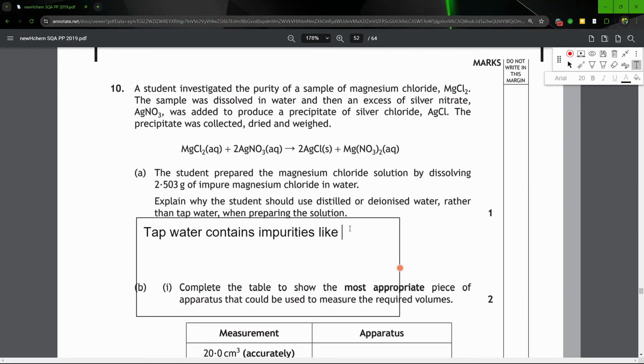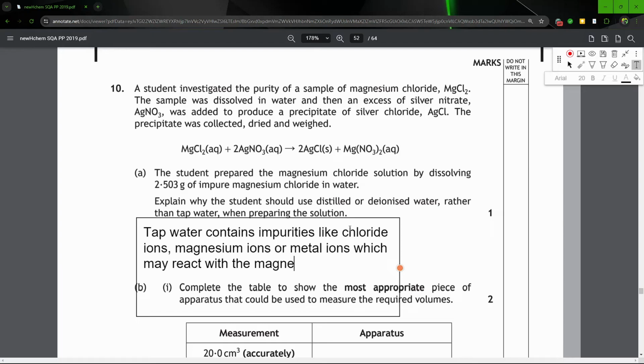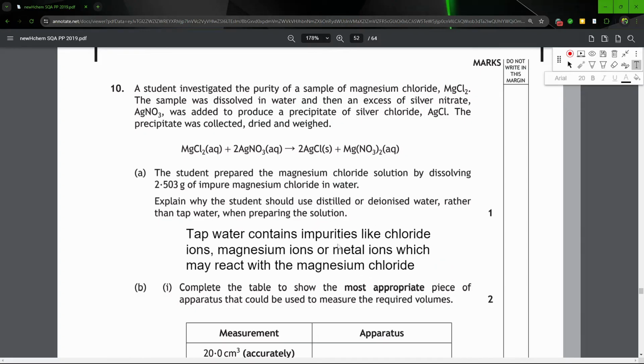And then we're going to list some: chloride ions, magnesium ions, or metal ions, which may react with the magnesium chloride. There we go. Looks like for this question you actually have to give some examples, but you can probably just say they contain metal ions and probably get the mark. It's only a mark, okay?